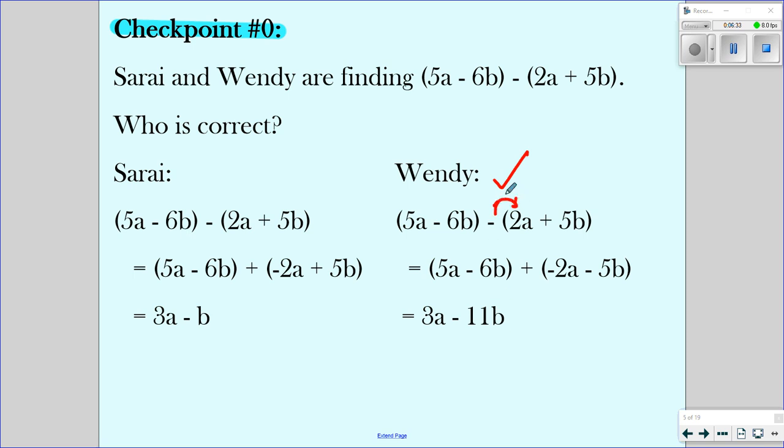When she distributed, both of the terms became negative. Whereas Sarai did distribute the first one, but she forgot to do 5b, and we're stuck with that plus, and then we ended up with the wrong coefficient in front of b. So again, it's important to distribute when you are subtracting polynomials.